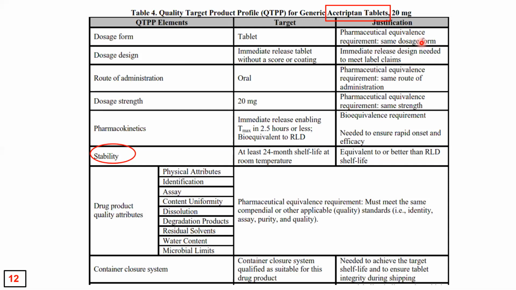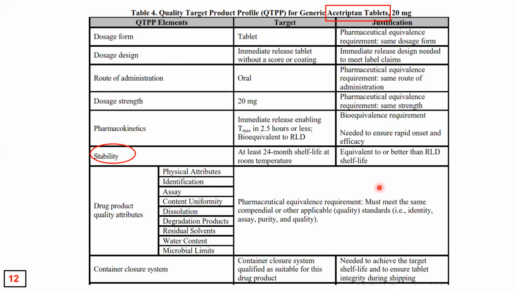Because the innovator is using a tablet, we are also using a tablet. Then design: the innovator is an immediate release tablet, and that's our target also, an immediate release tablet. The route of administration the innovator is using, we are also using. Every target of this product is equivalent to the innovator product, that is, the RLD product, except a few things.